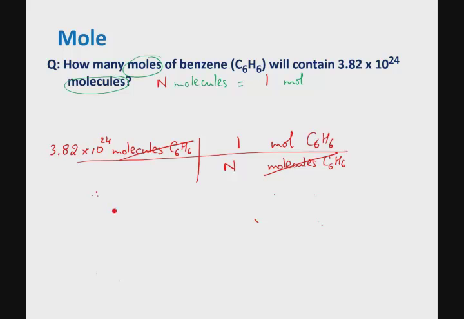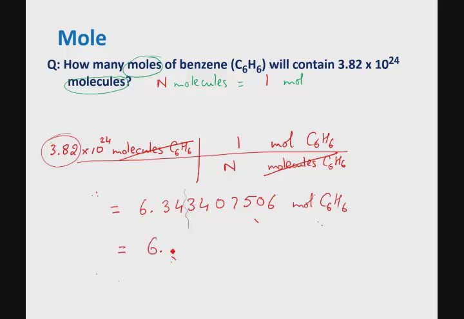When you calculate this answer using a calculator, you will get 6.343407506 moles of C6H6. It needs to be rounded to 3 significant figures, to 6.34 moles of benzene, C6H6.